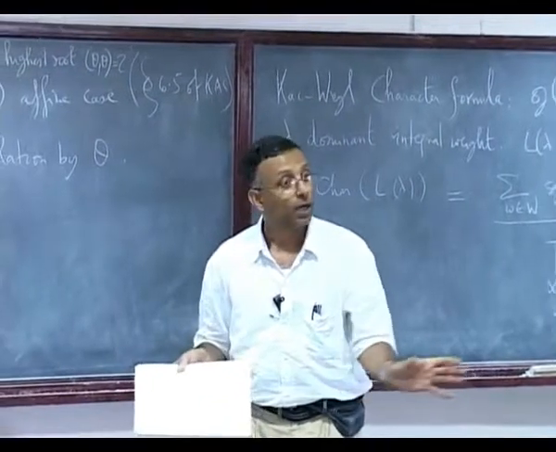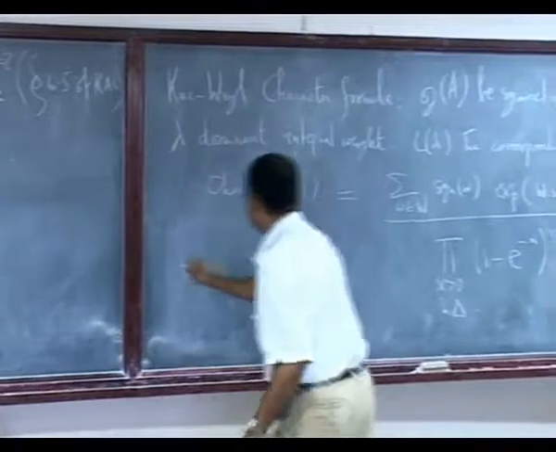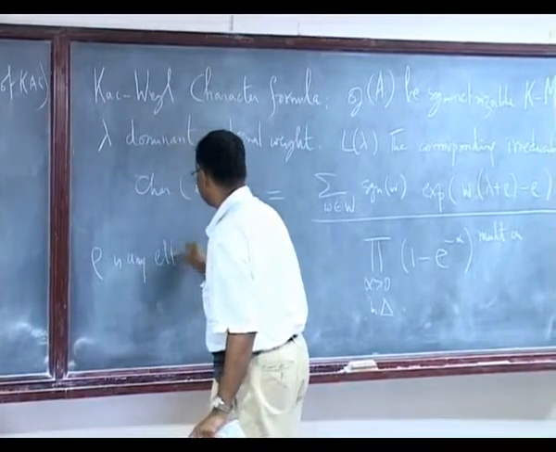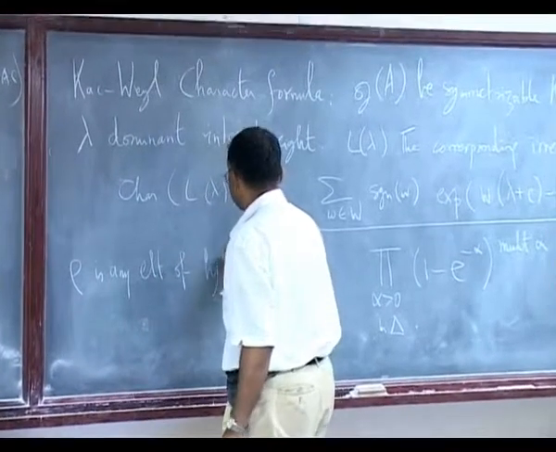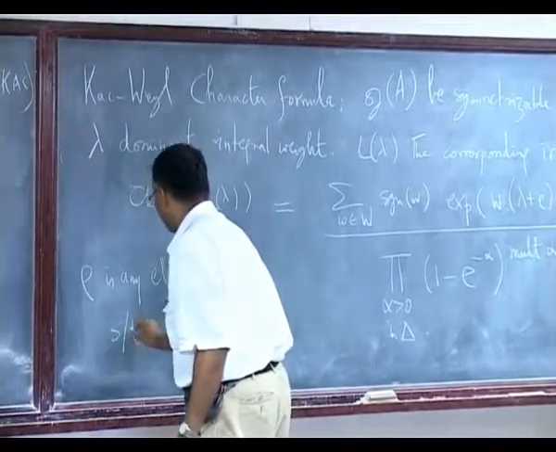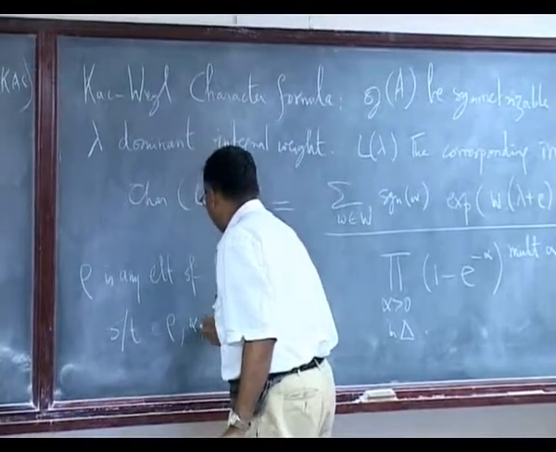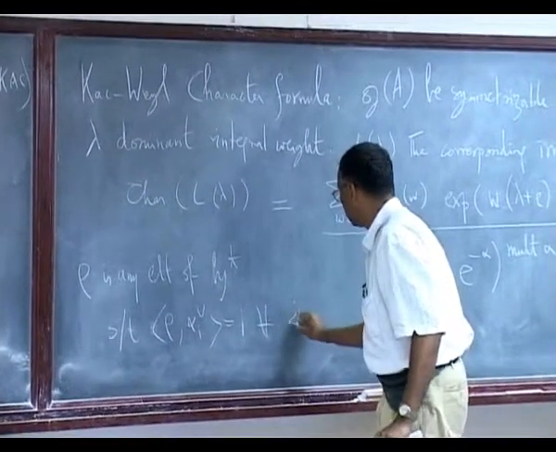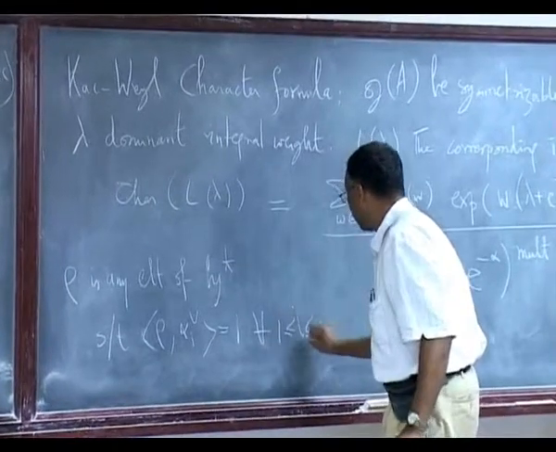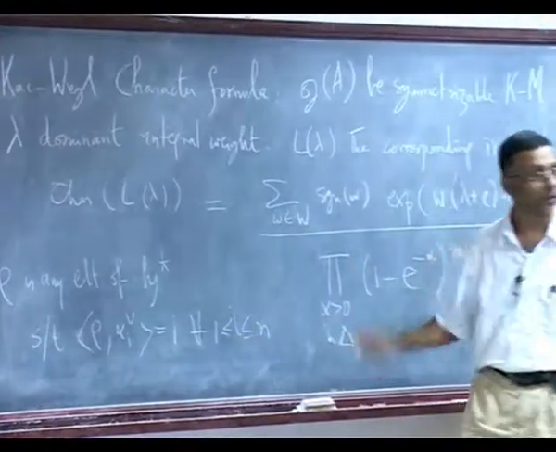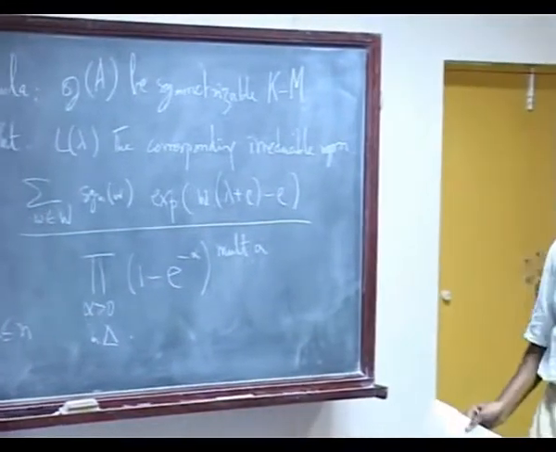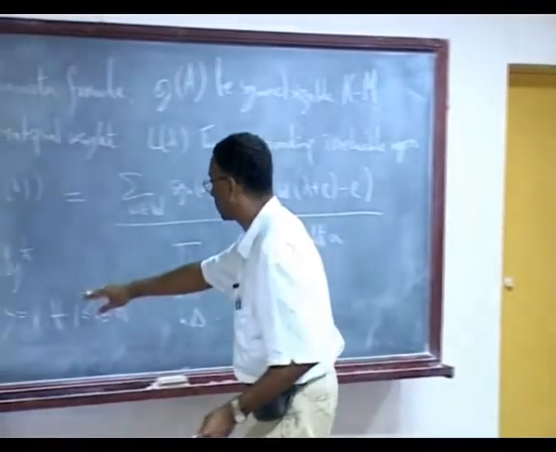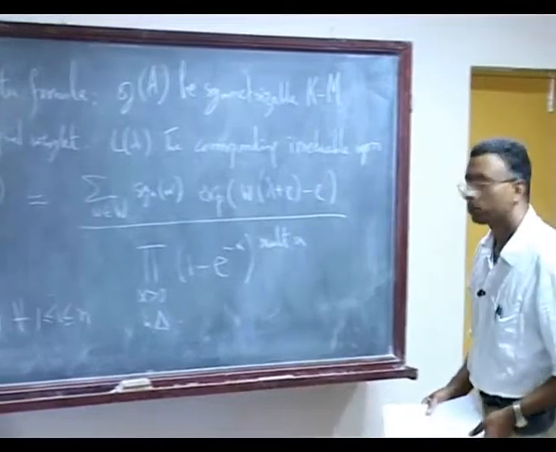So what you do is, rho is any element of H star such that rho on alpha i check is 1 for all i between 1 and n. Now I am back to the notation where A is an n cross n generalized Cartan matrix, symmetrizable generalized Cartan matrix. That is correct.